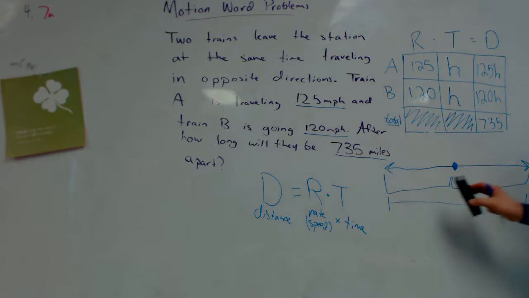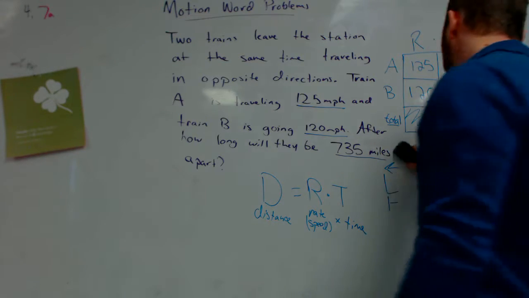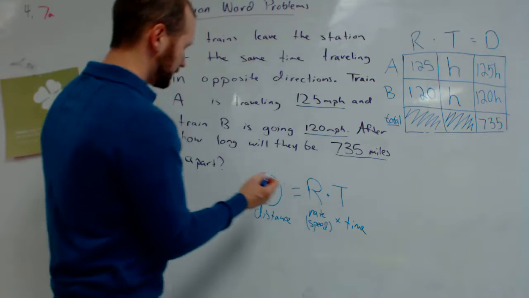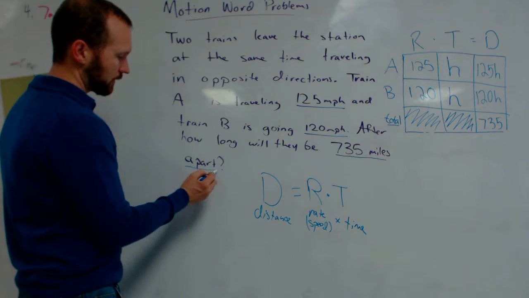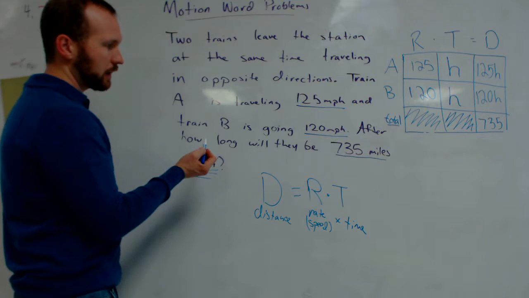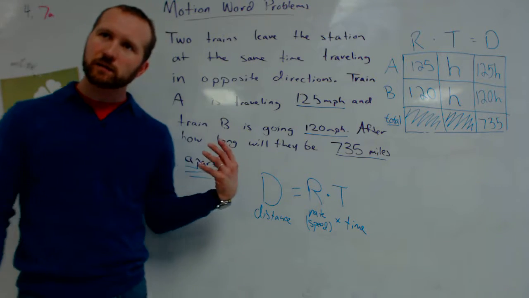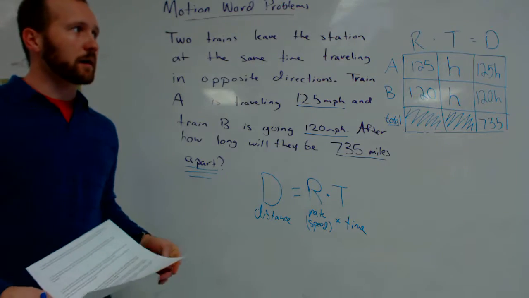So this type of problem is like a total distance problem. This is kind of the key word. Apart, right? How long will they be 735 miles apart? We're not always going to be looking for this. All right.